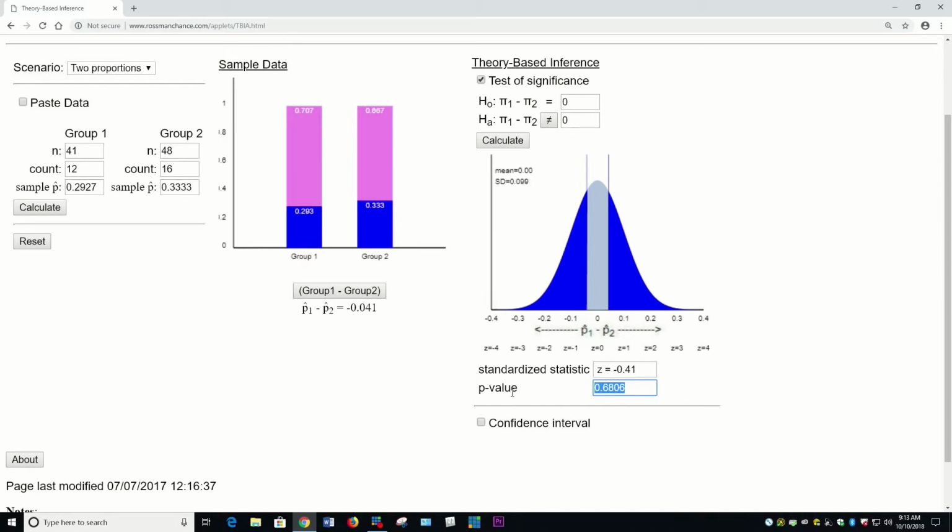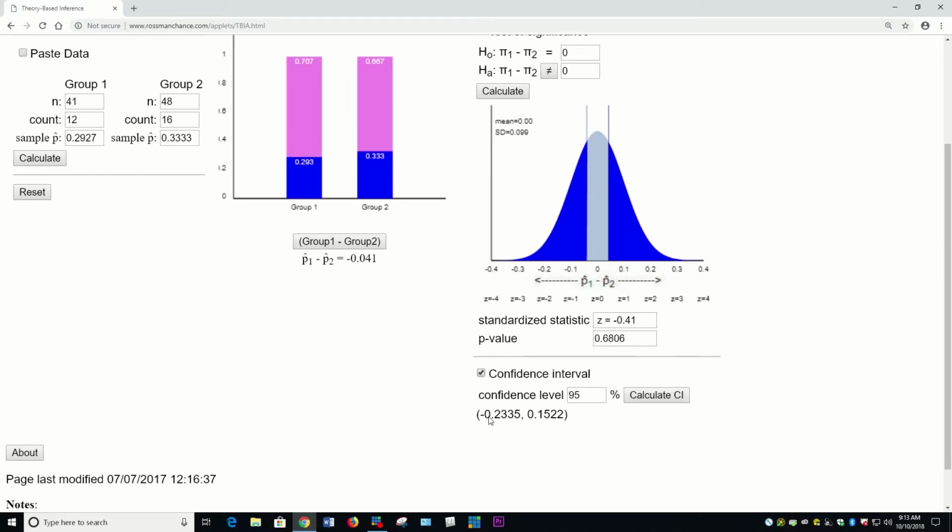Now, one thing we did not do in simulation, because it would be a bit more involved, is look at confidence intervals. So in the theory, off that same distribution, we could have it calculate a 95% confidence interval, or 90 if we wanted. We could change that. But we've typically been doing 95, so we'll keep it at 95.